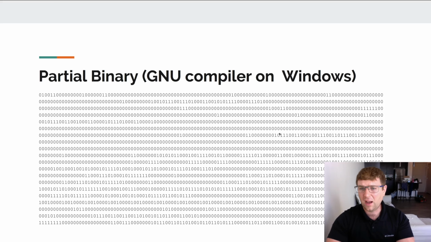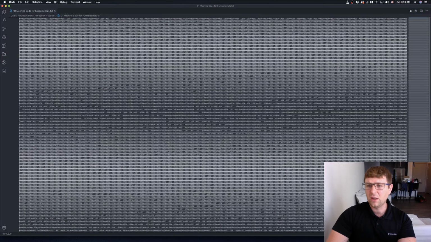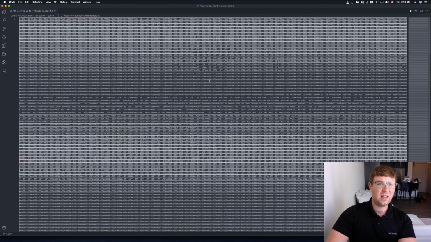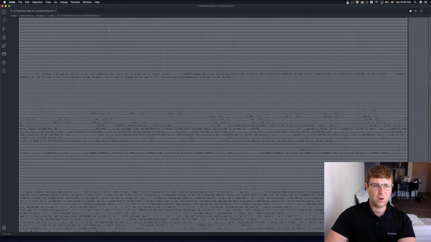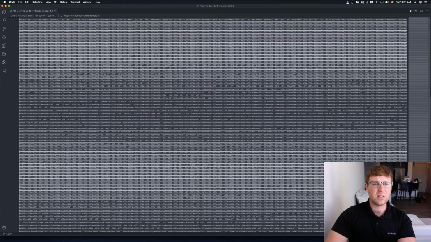I compiled it with the GNU compiler on Windows. It generated a .exe file, an executable file, and then this is the binary contents of that file. And it's actually only partial. This right here is that entire binary file. All right. So lots and lots of ones and zeros.